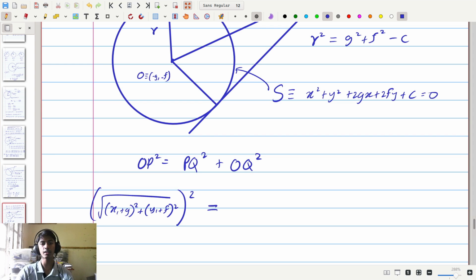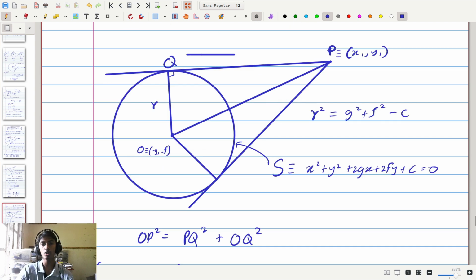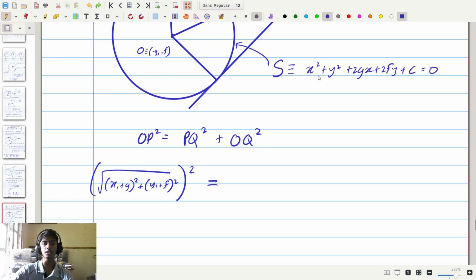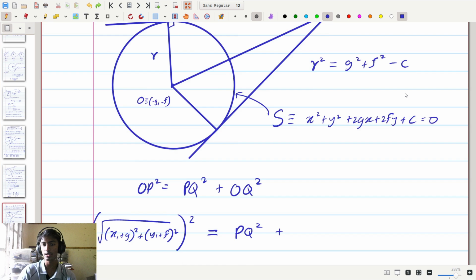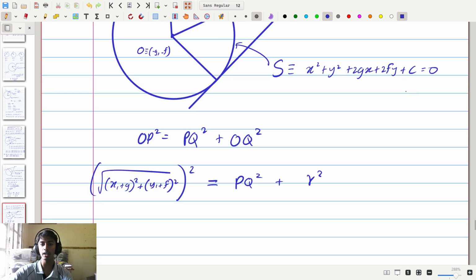On the other side, if we consider PQ and OQ, PQ is the value we're going to find. For that reason, we're going to leave PQ as it is, and write PQ squared plus OQ squared. OQ squared is going to be r squared, since OQ is equal to r, and we know that r squared is equal to g squared plus f squared minus c. For now, I'm just going to leave this as r squared, and we're going to simplify it in the next line.